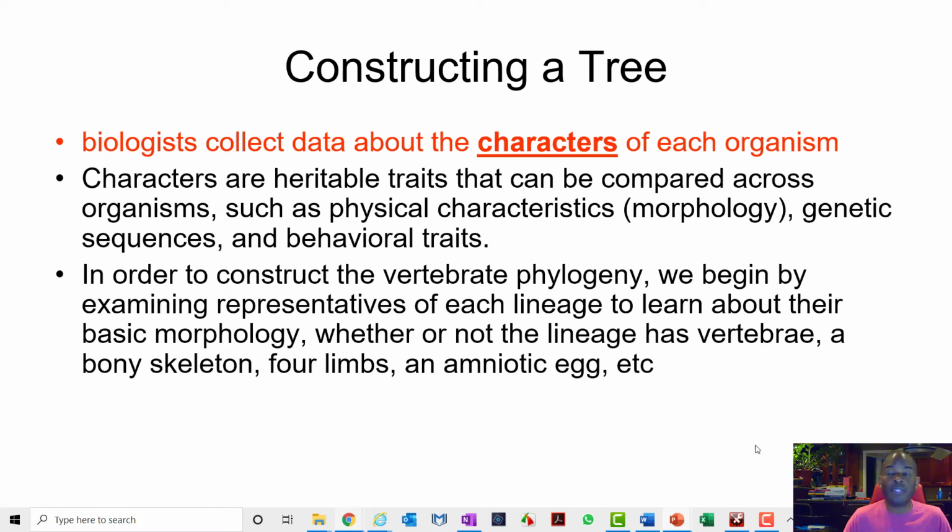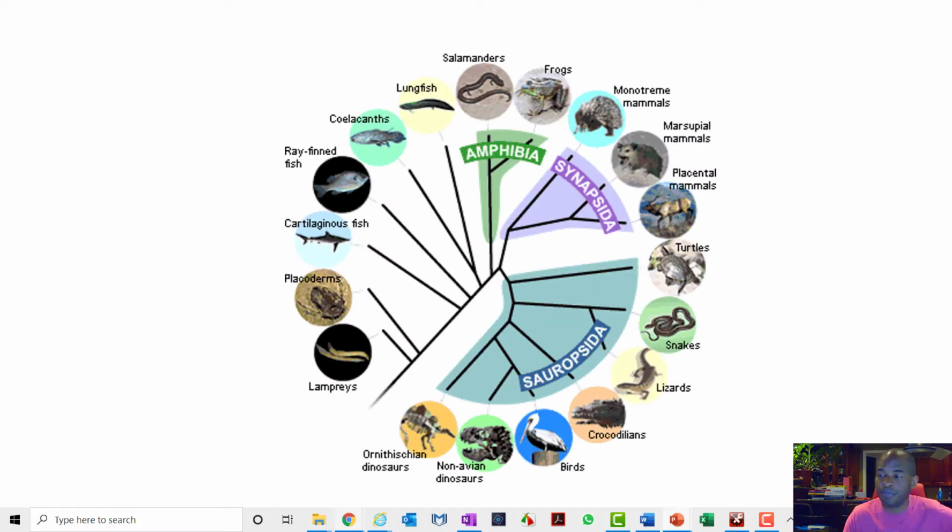So one of your tasks is to construct a tree. In order for you to construct a tree, there are certain rules that you need to know. One of them is that when scientists want to construct a tree, they need to figure out what characters of the organisms are prevalent. And they use those prevalent characters in order to group the organisms into a particular clade or classification.